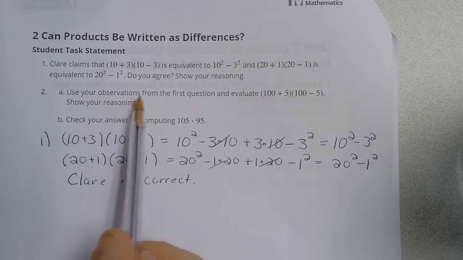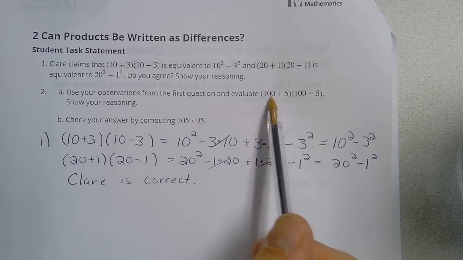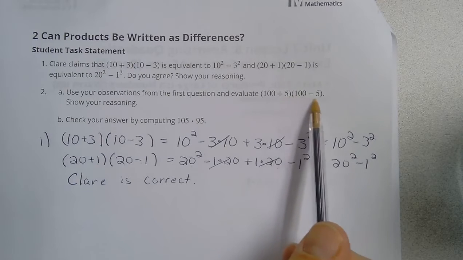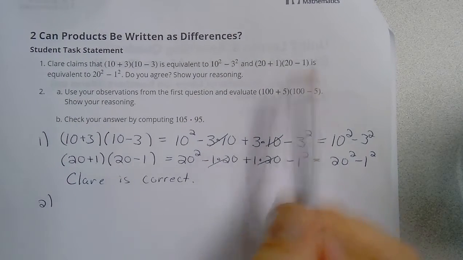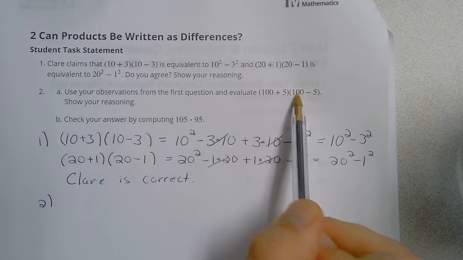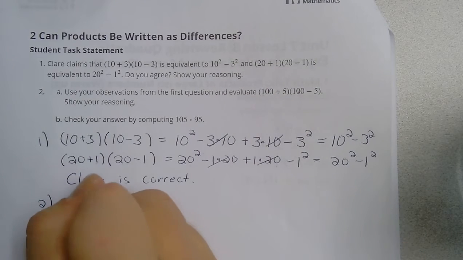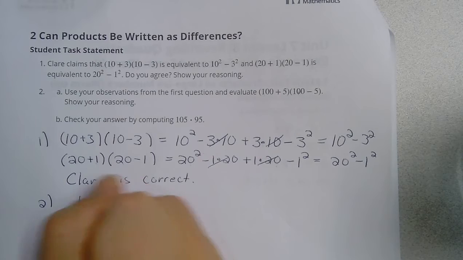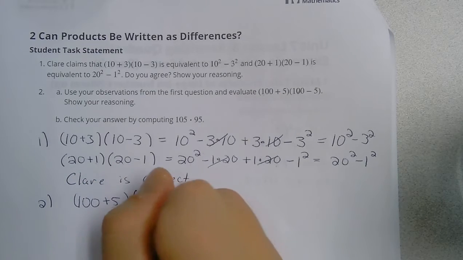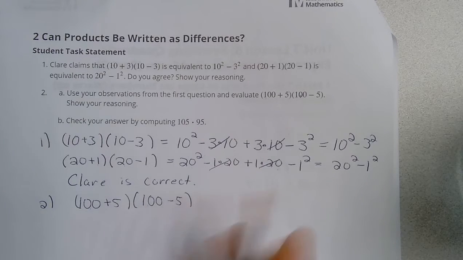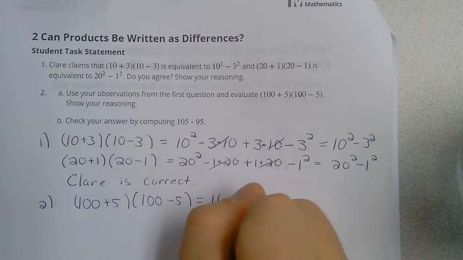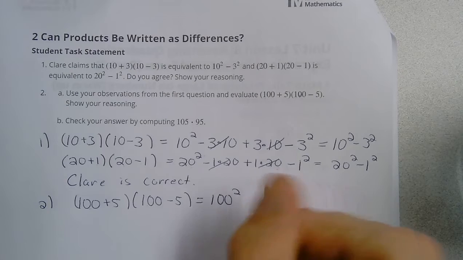Now use our observations to find 100 plus 5 times 100 minus 5. Show your reasoning. So it looks like I'm going to square 100, so that's going to give me 100 squared.